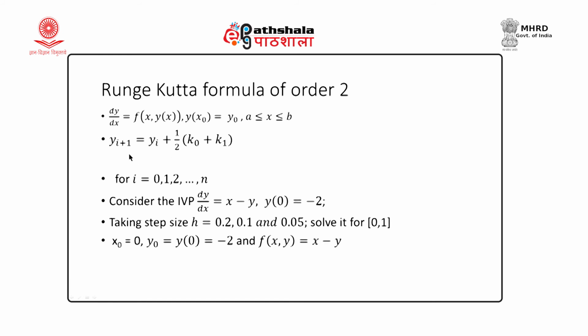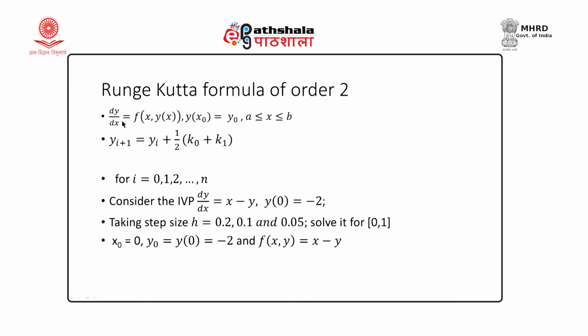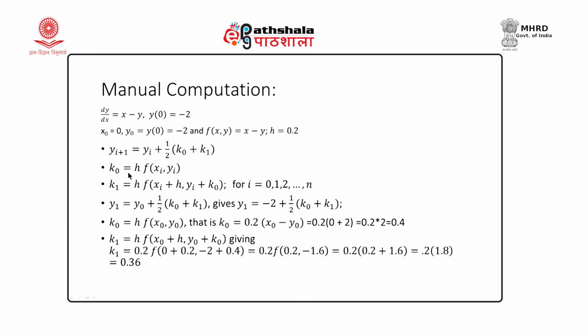For dy by dx equal to f x, y, y i plus 1 is given by y i plus half of k0 plus k1, where k0 is h f x i, y i, and k1 is h f x i plus h, y i plus k0. This is the Runge Kutta formula of second order.